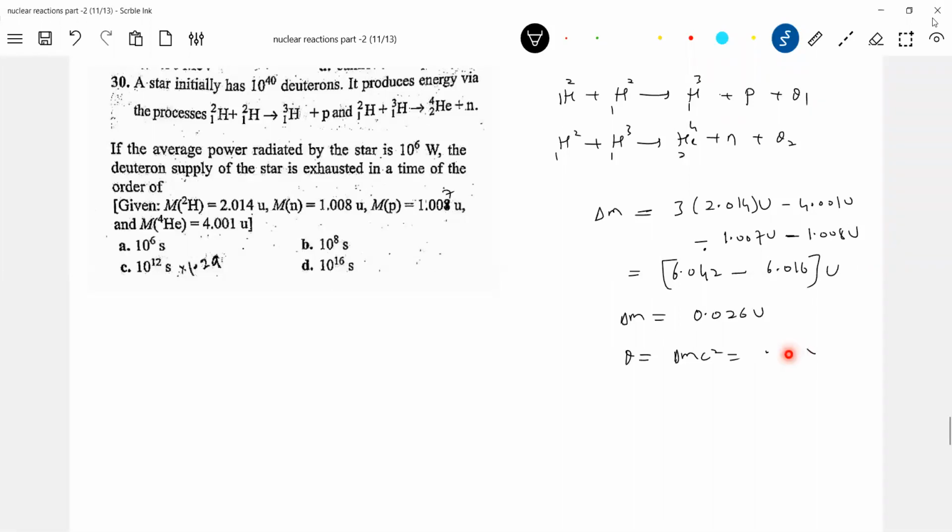0.026 times 1 AMU. I think we'll take it as 930 MeV, making it a round figure.